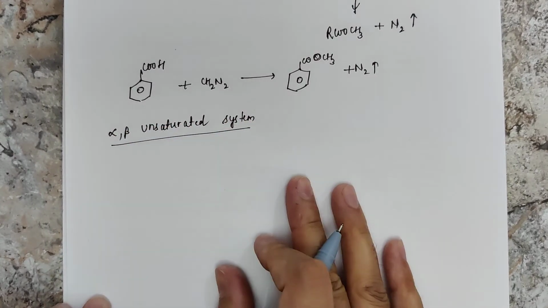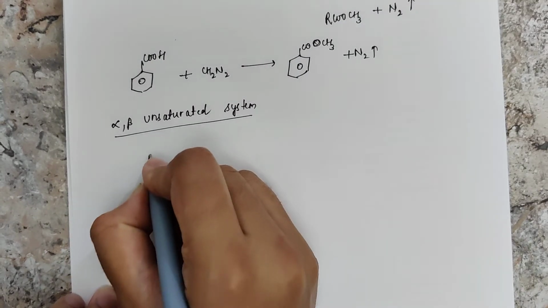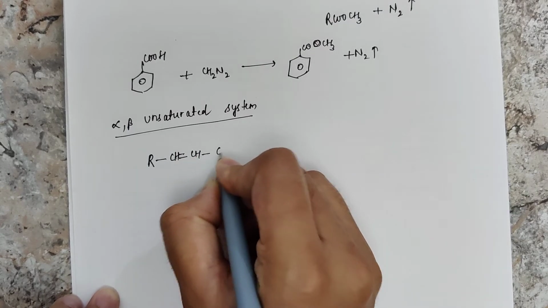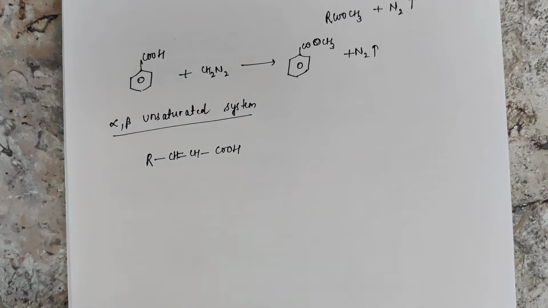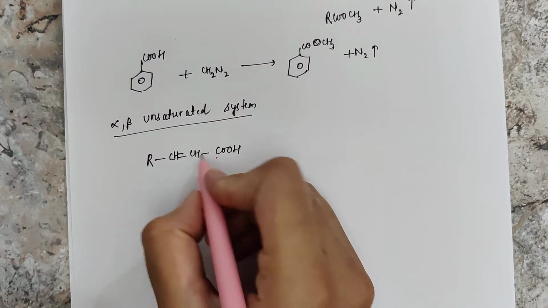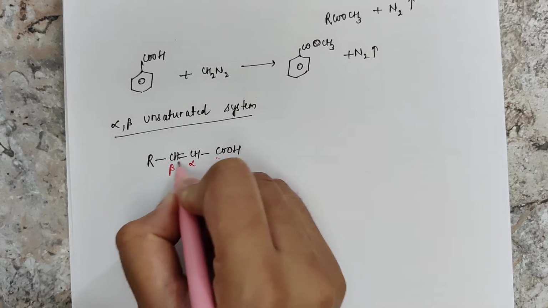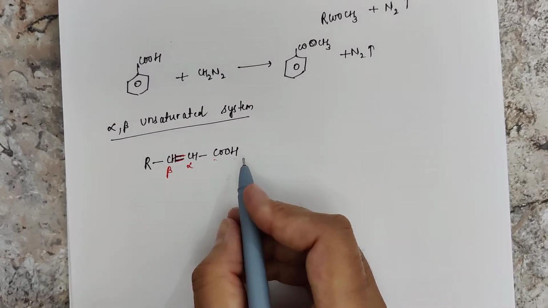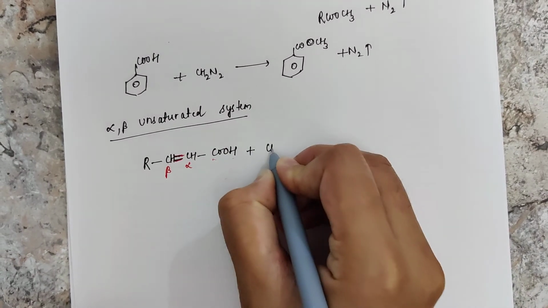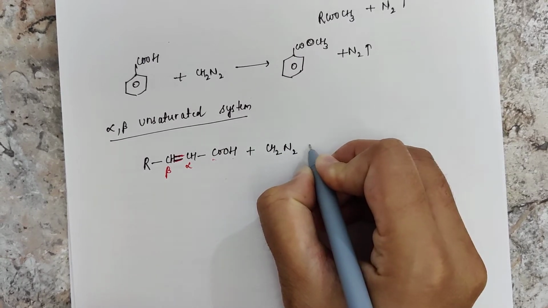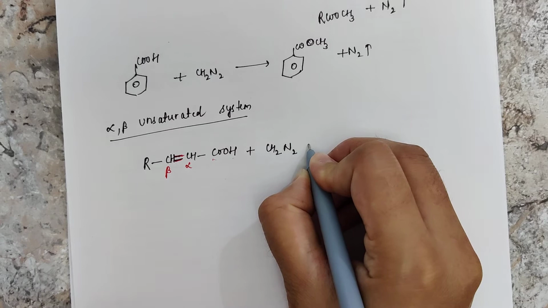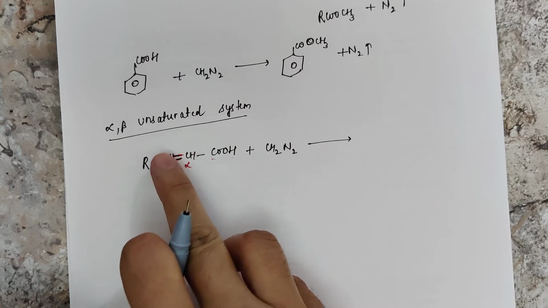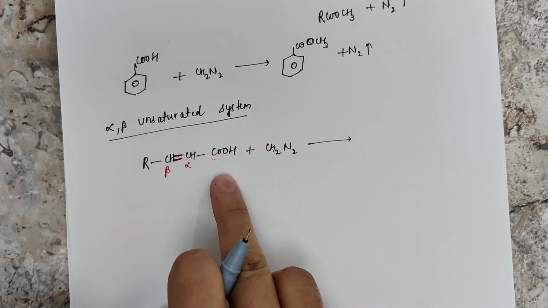In other reagents, you will have to protect the alpha beta unsaturated group. What I mean by alpha beta unsaturated group is from this functional group, alpha and beta position have unsaturation. If we have to do the methylation of this carboxylic group using any other reagent, we will have to protect this double bond. वहाँ पे कोई protecting group लगा के then we will have to perform the methylation.